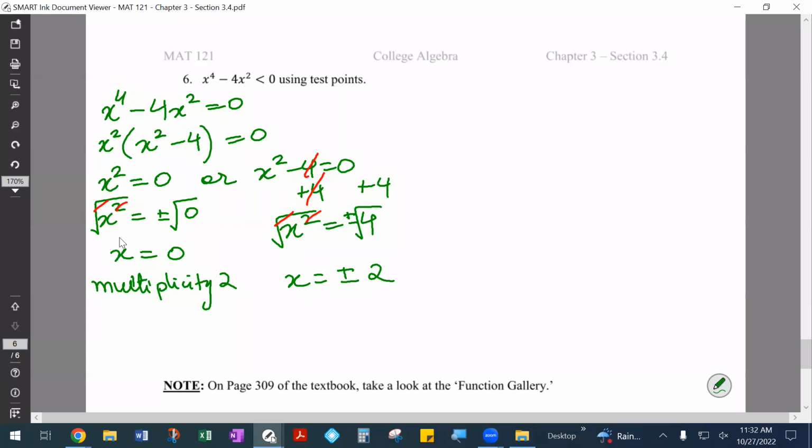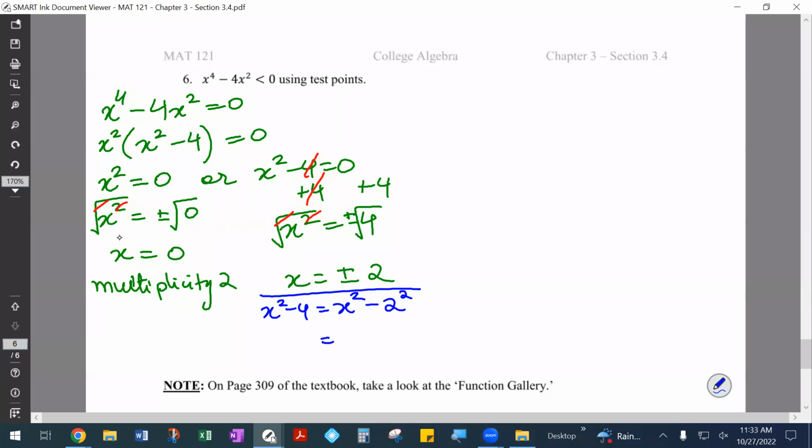The other thing you could have done with this is, I'll show it to you down here. Since you have x squared minus 4, it's the same thing if we were to rewrite this as x squared minus 2 squared, right? So give it that difference of squares kind of look. So a squared minus b squared.